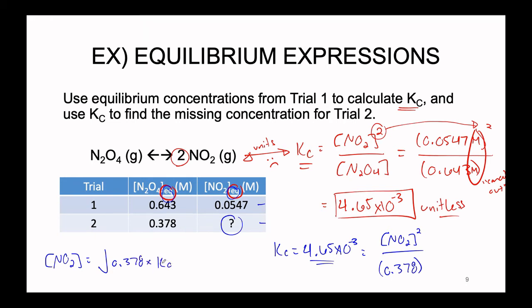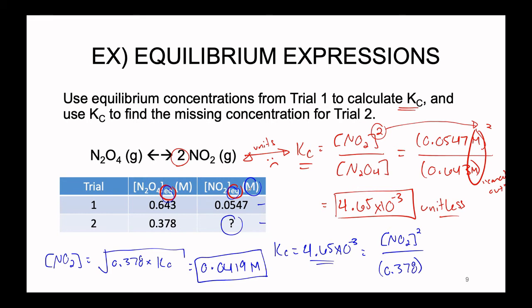For the sake of space, I'm just going to write Kc, but this whole value, the 4.65 times 10 to the negative 3, is going to be right here. We're going to square root all of that. This is going to give us a concentration for the NO2 that is equal to 0.0419. And this will have a molar now return back, since it is a concentration in the units of molar.